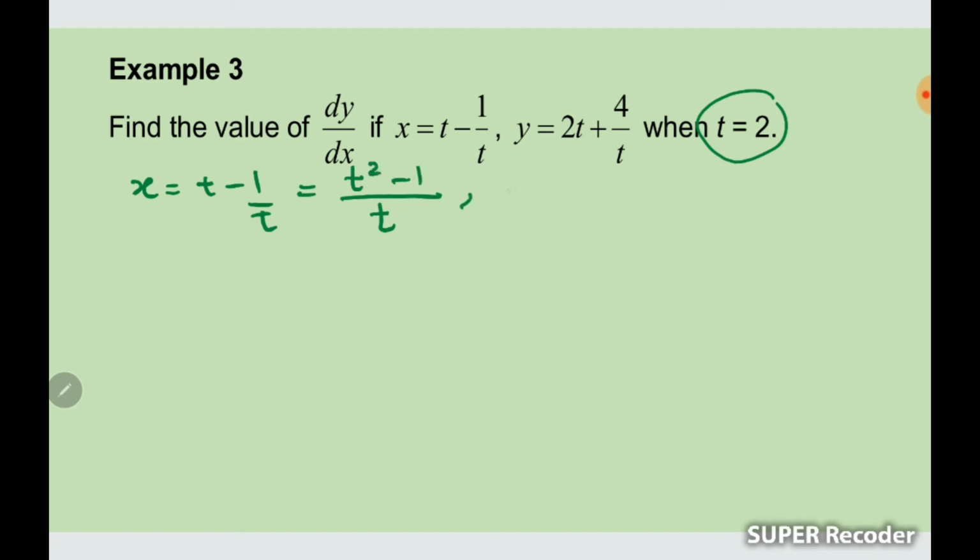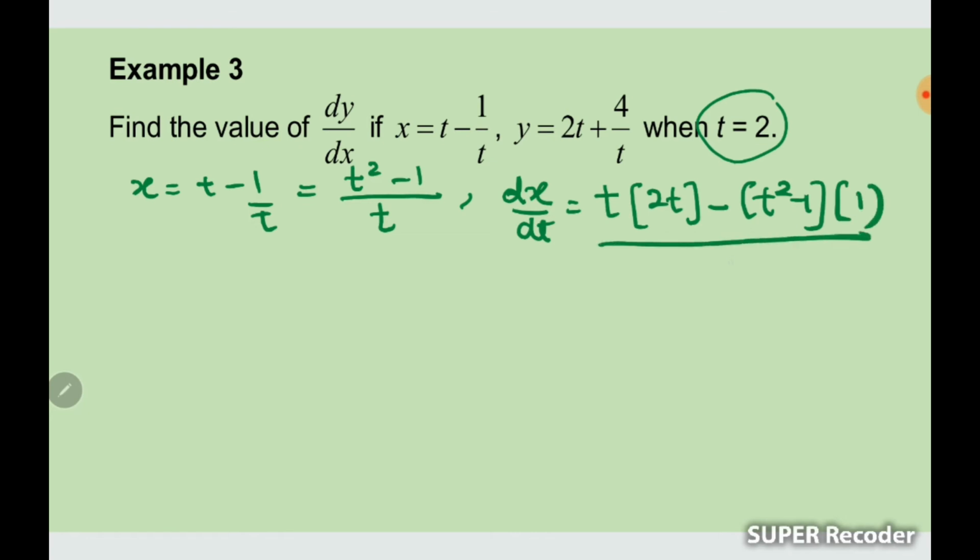Now I will differentiate x with respect to t, then we have dx/dt equals, we are going to use the quotient rule. v u prime, v is t, u prime is the derivative of t squared minus 1, the answer is 2t, minus t squared minus 1 differentiate t, the answer is 1, over t squared.